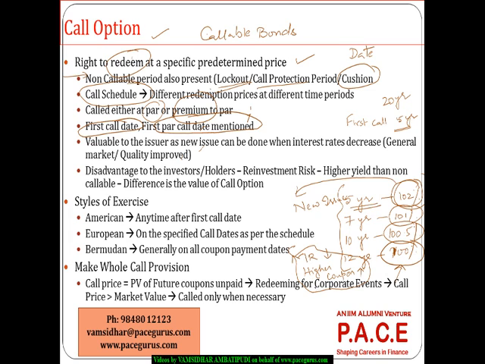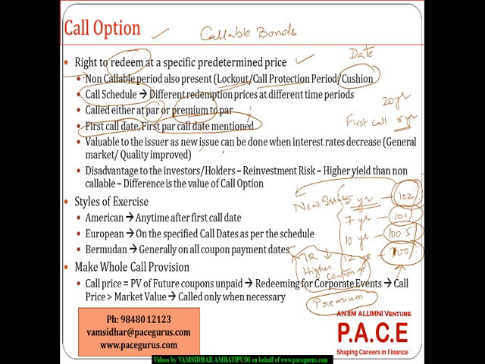So what it can think of, it can call back the bond at a specified price, because if the coupon is higher, market rate is lesser, the bond would actually be sold at a premium. But the callability provision on the bond helps the company to buy back the bond at a cheaper price, just a small premium or even at par. So it is able to purchase the bond back at a lesser price than the market price.